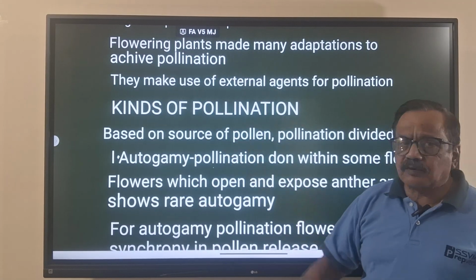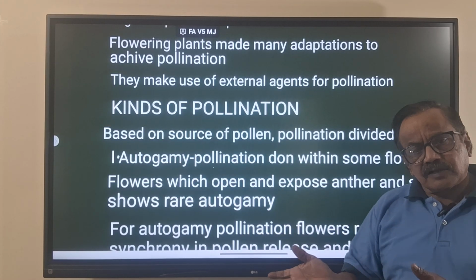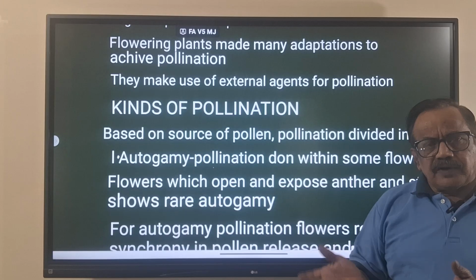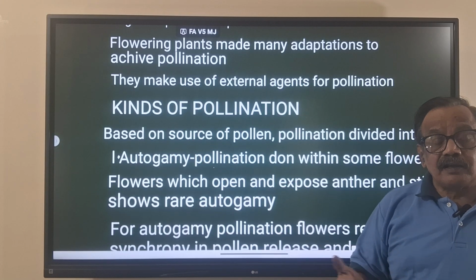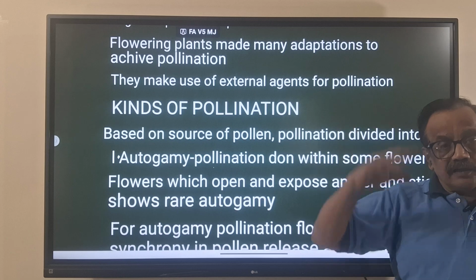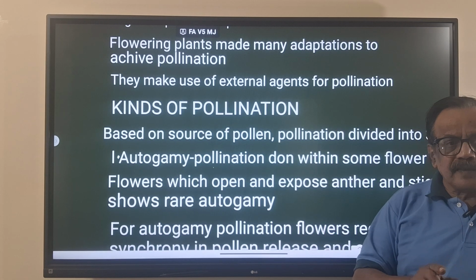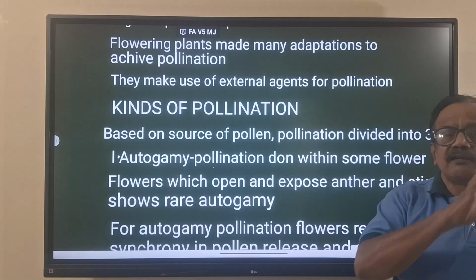Now we will see the kinds of pollination. The pollen grain has to reach the stigma. But which stigma? Of the same flower, another flower, or an entirely different way? All these things will come under kinds of pollination.